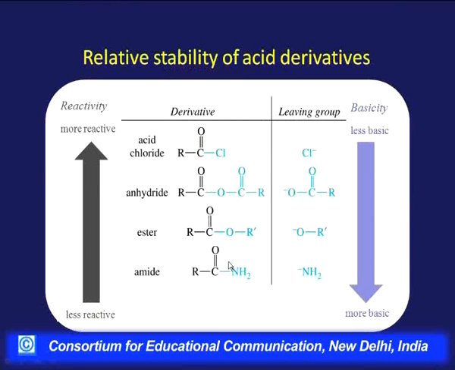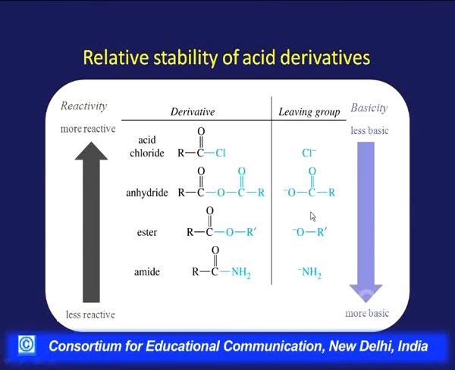This is the acid derivative that we have, and the leaving group in acid chloride will be Cl minus, in anhydride will be OCOR with minus charge on oxygen, in esters it will be OR with a negative charge on oxygen, and in case of amide it will be amide ion, NH2 minus.